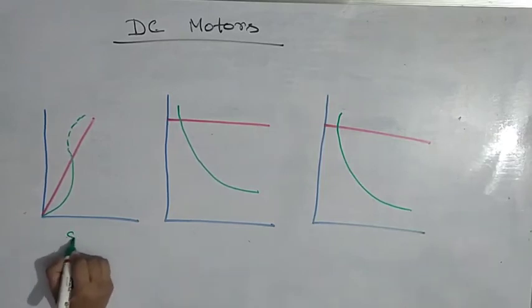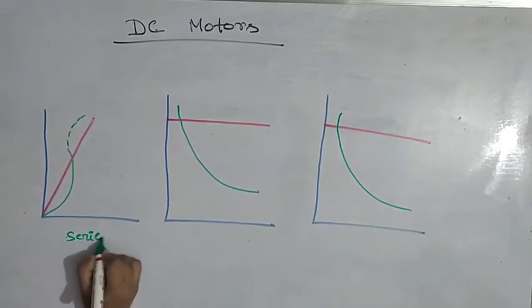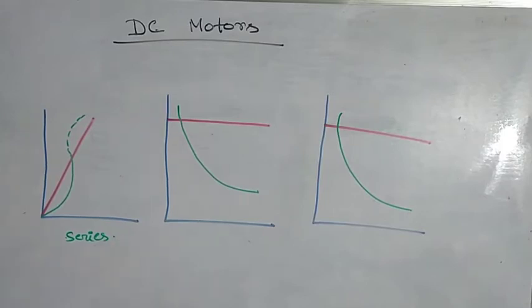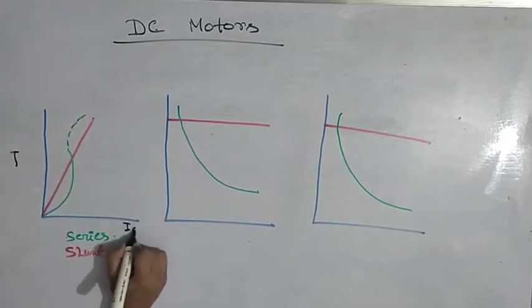Now green is for series, red is for shunt. This is the graph of T versus Ia.